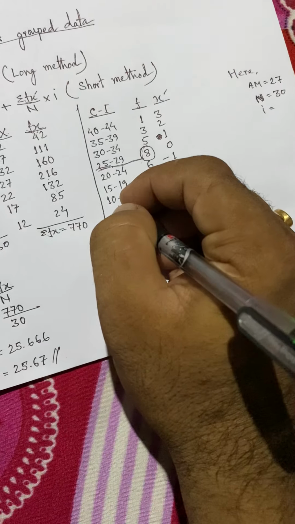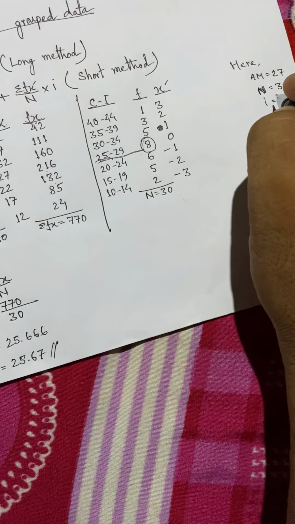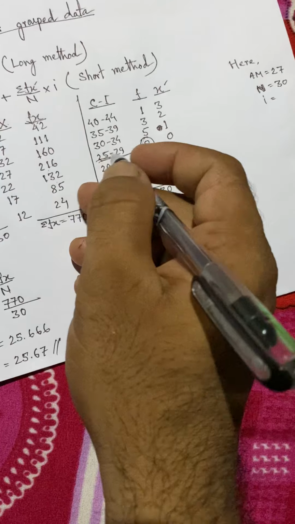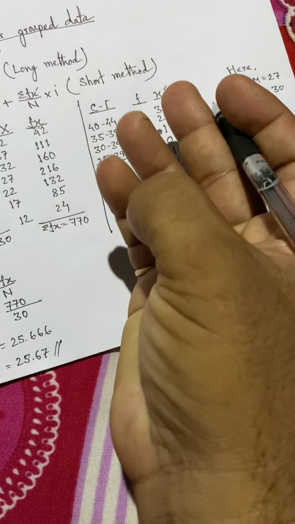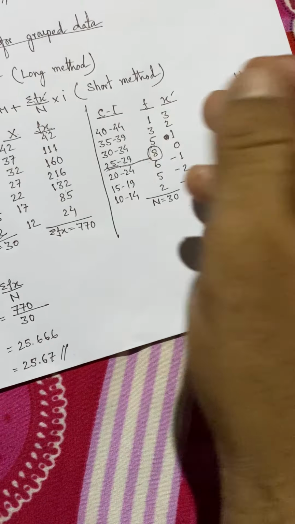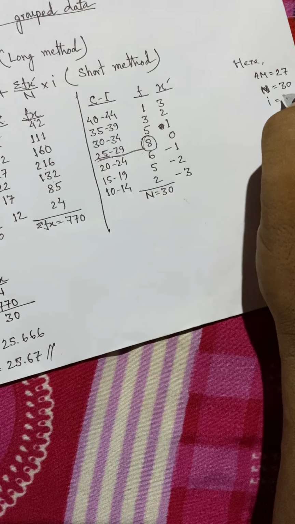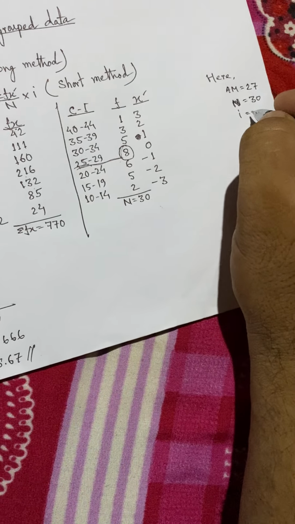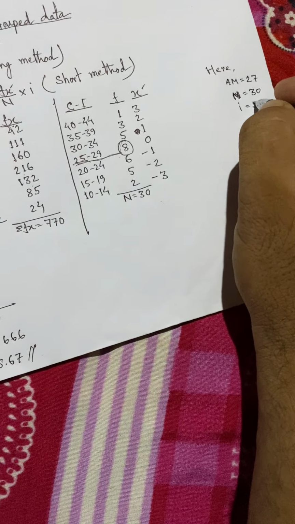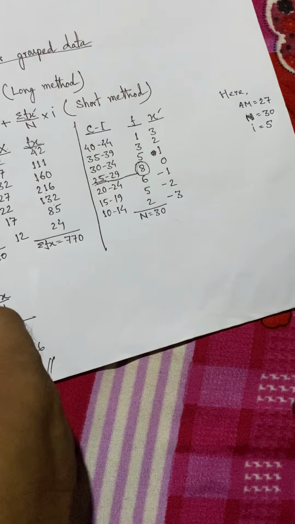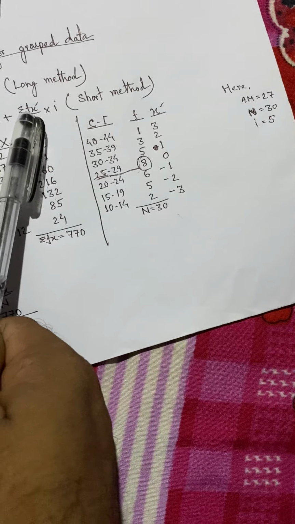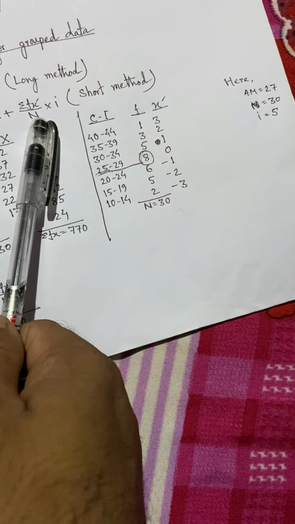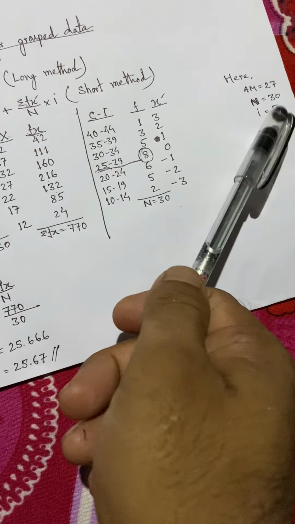So 5 units in a class. 25 to 29: 25, 26, 27, 28, 29, that is 5. So I is the width of the class interval, that is 5. We have the assumed mean, that is 27. We have n, that is 30. We have I, that is 5.